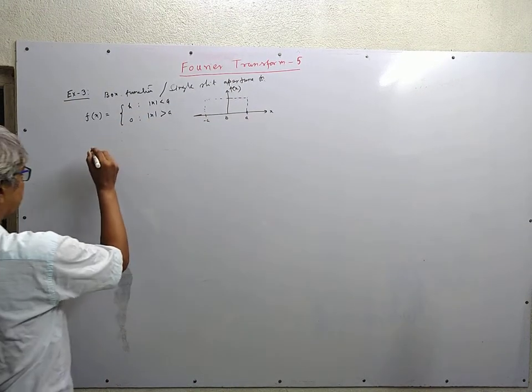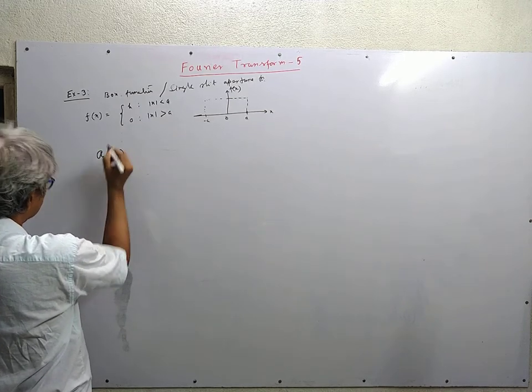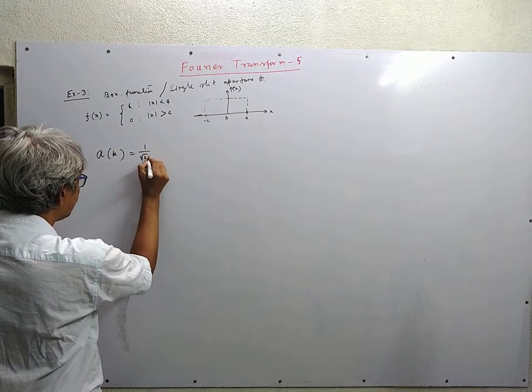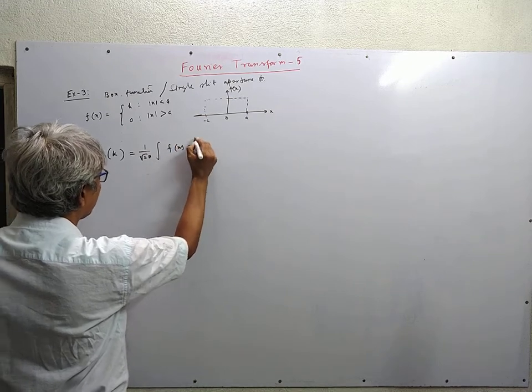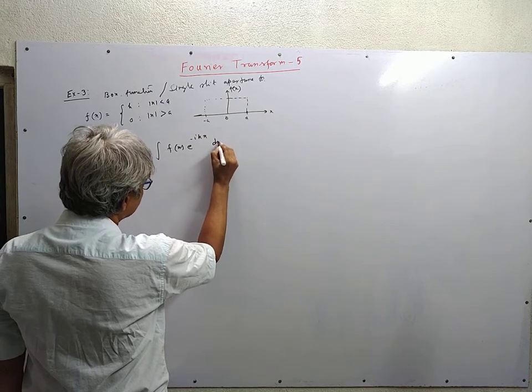So we calculate the amplitude A of k as the Fourier transform of this function, which is 1 over root 2 pi, integration f of x e to the power minus i k x dx.